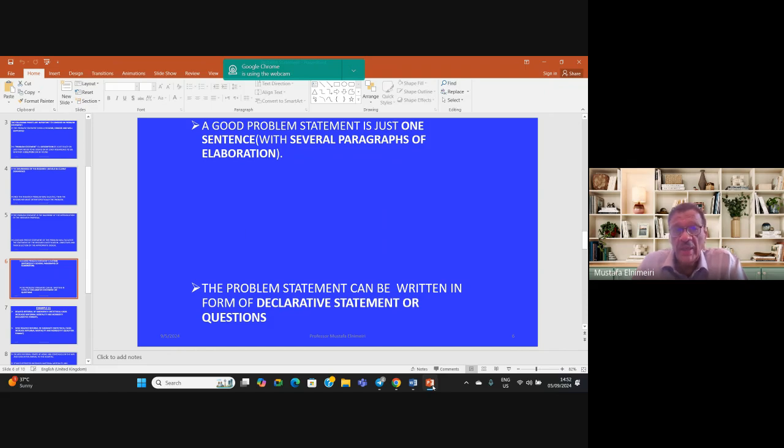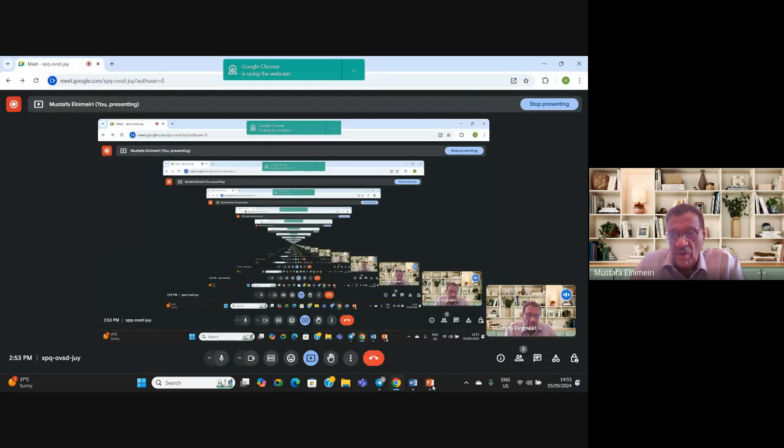But usually, it is one sentence with several paragraphs that are elaborated by the researcher to facilitate understanding of that problem. It is a common error that investigators tend to write a problem statement that is too lengthy and vague without addressing exactly and clearly what that problem is.